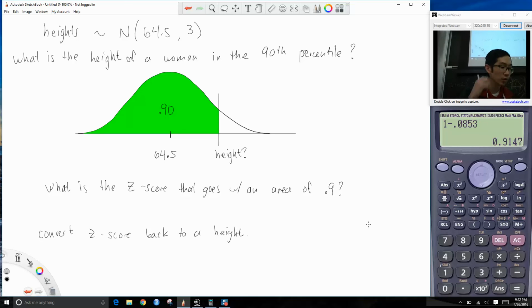Maybe I'll give you a second to look up, and don't shout this out. I want to give other students an opportunity to find this z-score. But see if you can find the z-score that corresponds to the 90th percentile, or an area of 0.9. Take a minute there. All you have to do is look in the z table, or your Table 2.